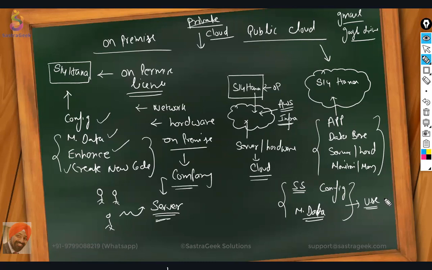Even if the data is on-premise, the data can still be hacked. So it is not that on-premise is more secure, but yes, the ownership is with us. Whatever monitoring and checking we want to do, we can do on-premise. So it totally depends on the approach and the mindset of the companies.